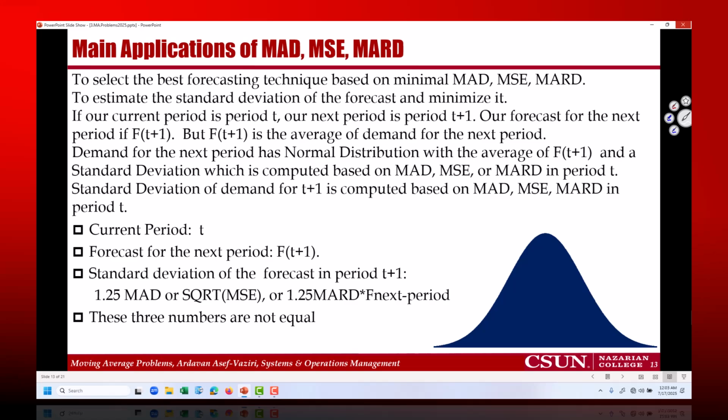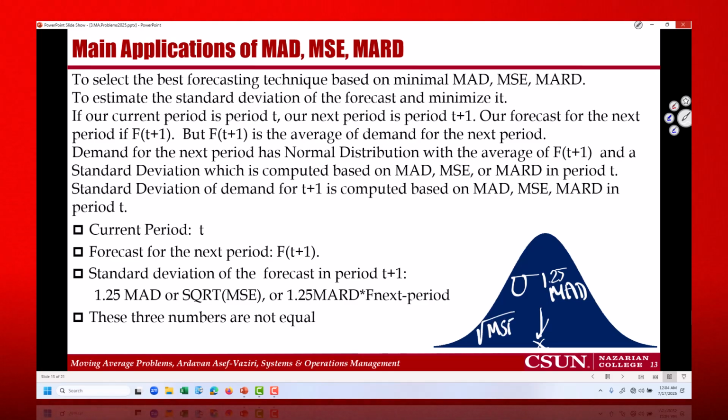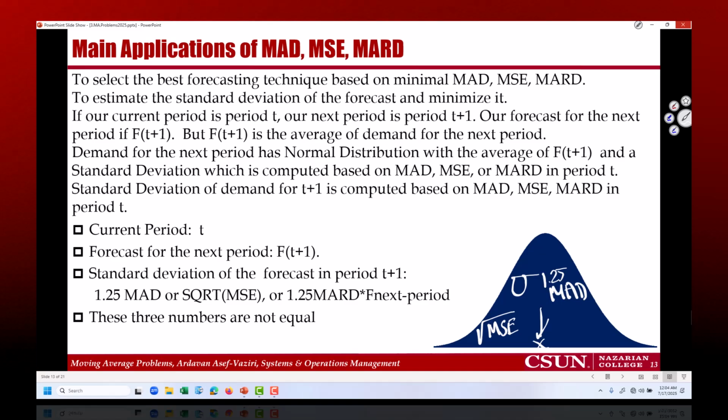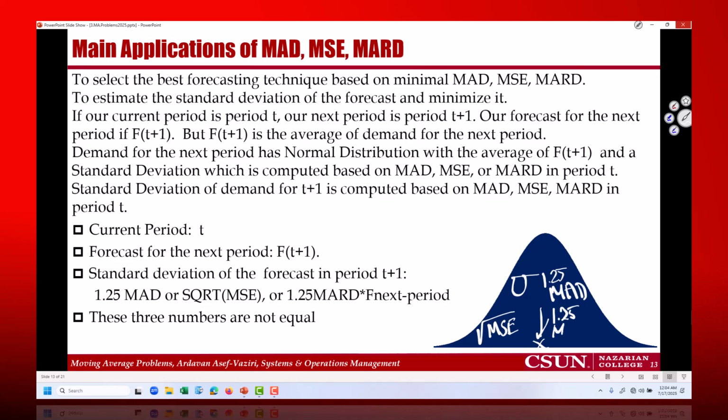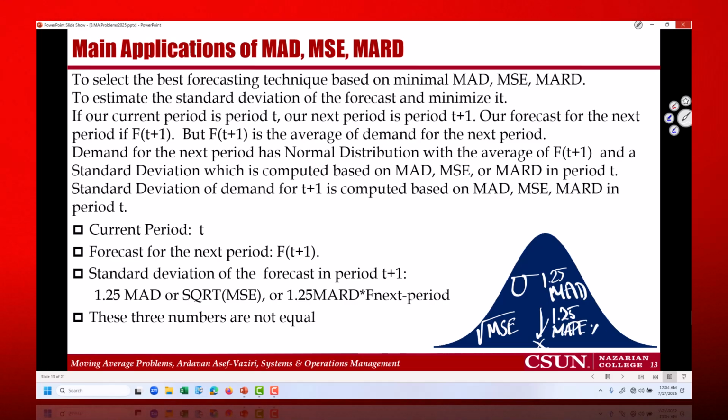A forecast for next period, which is indeed our average forecast, and also we come out with a standard deviation of forecast, which is either 1.25 times MAD, or is SQRT of MSE, or it is 1.25 times MAPE times forecast for next period.